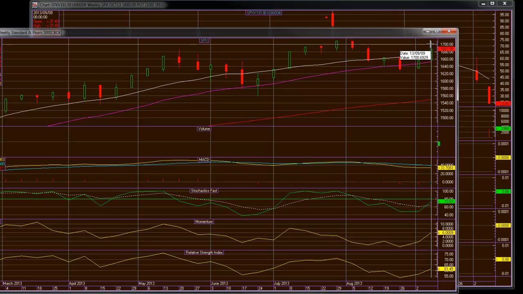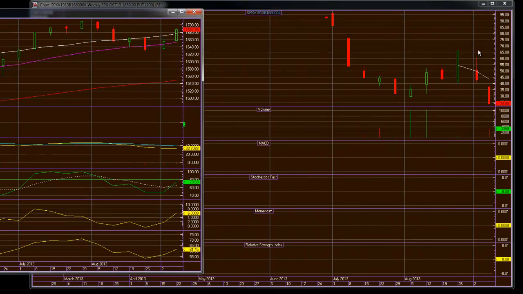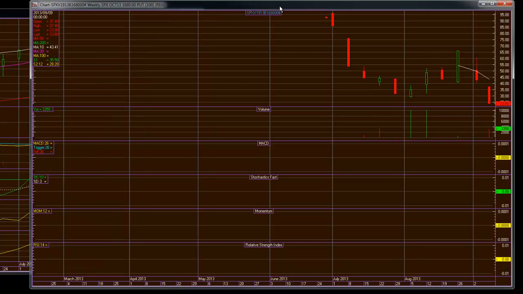But we're coming up to the major wall of resistance, and this was that August correction. We were overbought. Well, we're overbought now. Not nearly as overbought as we were over here, but we're going to come up and hit that wall of resistance. We will do the very same trades that we did here on all three contracts: 1680 put regular October, 1690 put, and 1700 put in the money.